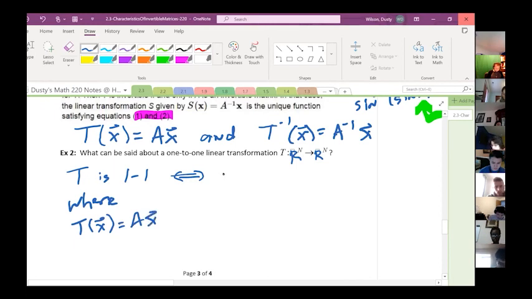What can you tell me about the columns of matrix A? They would all have a pivot. Yep. A is invertible.